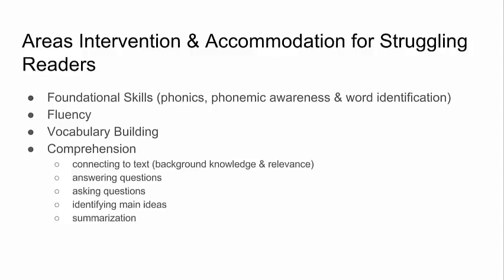Some of these strategies or things that students need to be able to do to be able to comprehend text are make connections to text, so their background knowledge around a subject will influence that, as well as the relevance of that text to their own life or interest. They need to be able to answer questions based on a text, ask questions, generate questions based on a text, also identify main ideas, and provide some summarization of what they read.